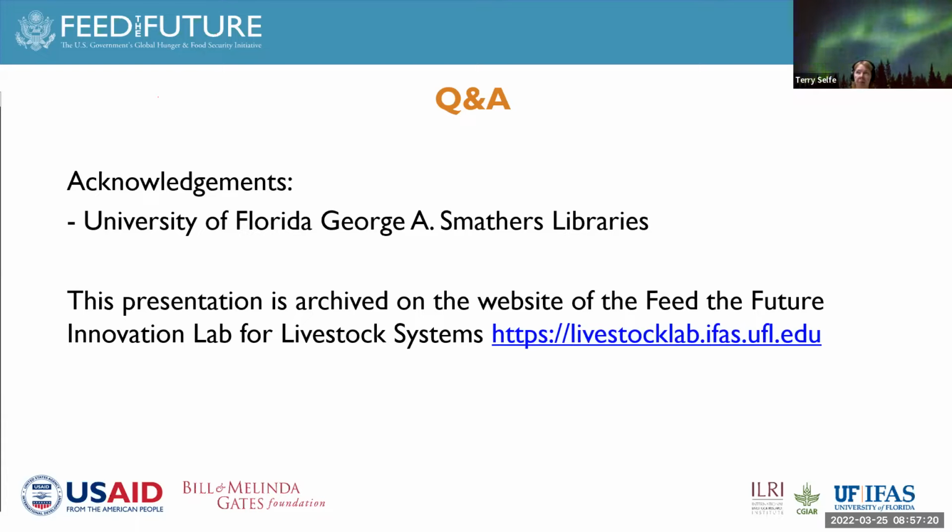I will say dissertations and theses tend to be less frequently cited than journal articles, particularly in the sciences. So what you want to do as quickly as possible is turn parts of your dissertation into journal articles.